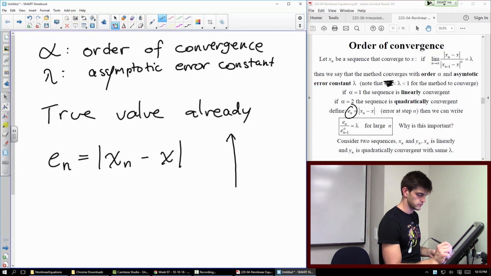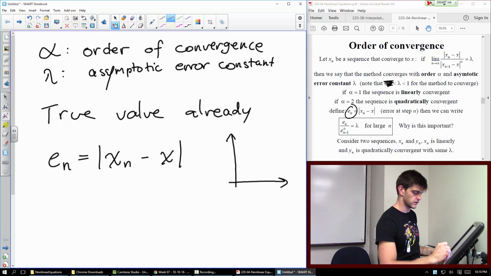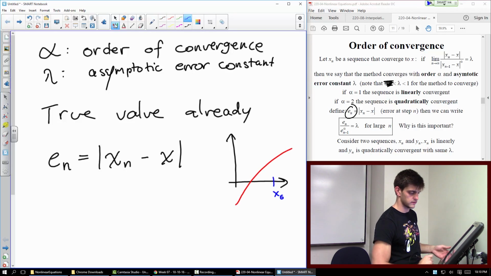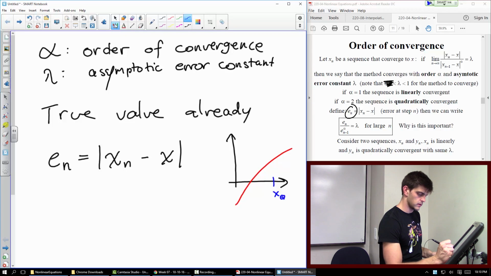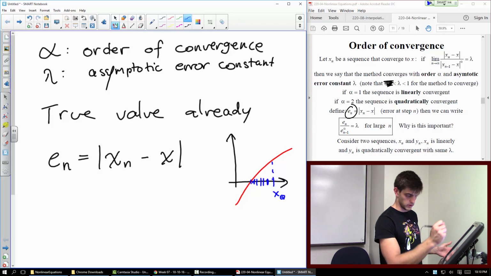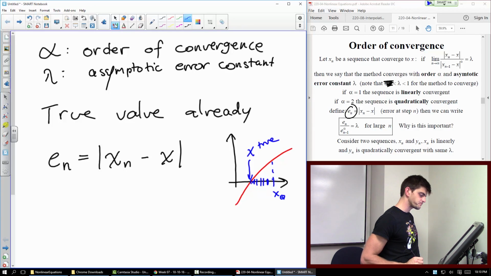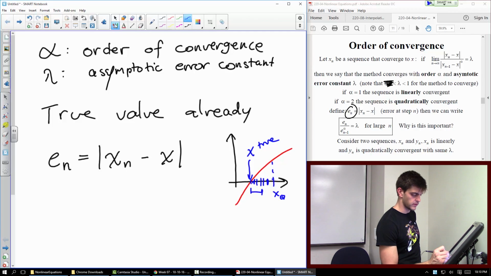You start at some initial x sub naught, and then, in theory, whatever the technique does, it gets an updated value, and then another one, and then eventually, hopefully, finds that root. So after n iterations, you have x sub n. X here is the true value. We want to know the distance between your estimate and the truth, and that we're calling E sub n after n steps.